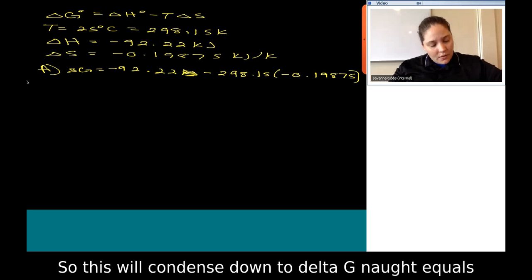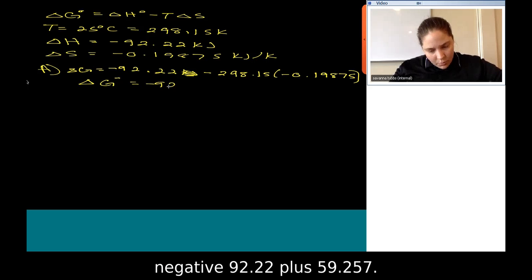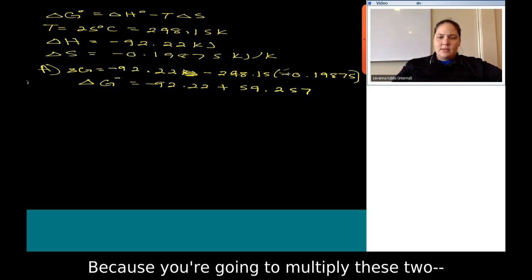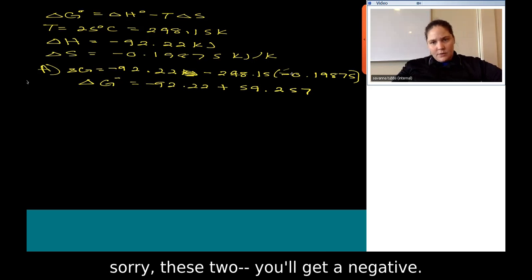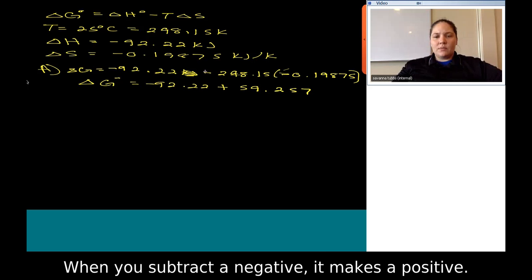Okay, so this will condense down to delta G naught equals negative 92.22 plus 59.257. Because you're going to multiply these two, you'll get a negative. When you subtract a negative, it makes a positive.